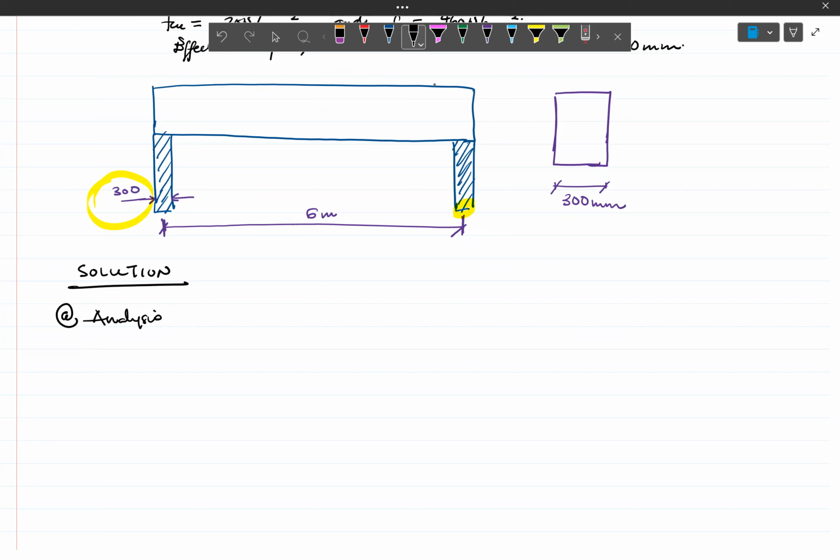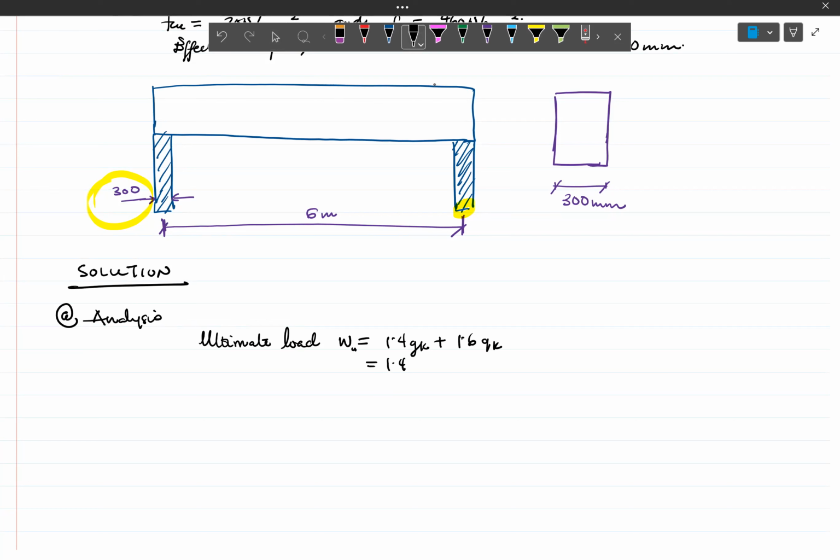All right. So let's find the ultimate load. The ultimate load, W. Some have a U as a subscript, that is fine. That is 1.4 GK plus 1.6 QK. So we multiply the load by their partial factors. All right.